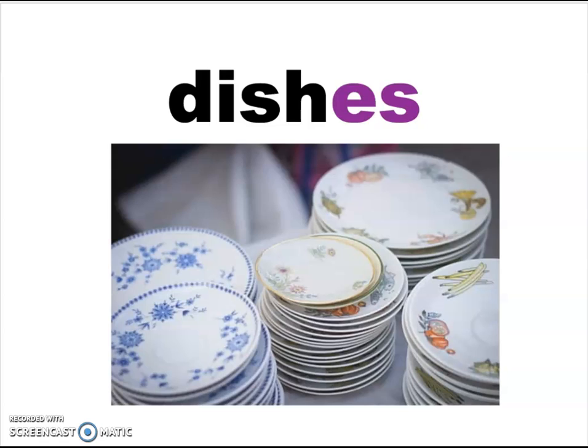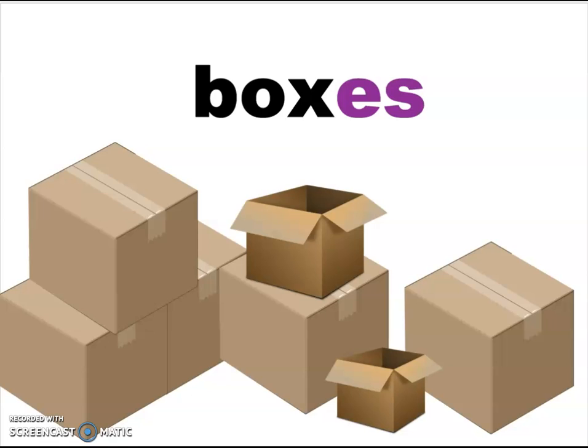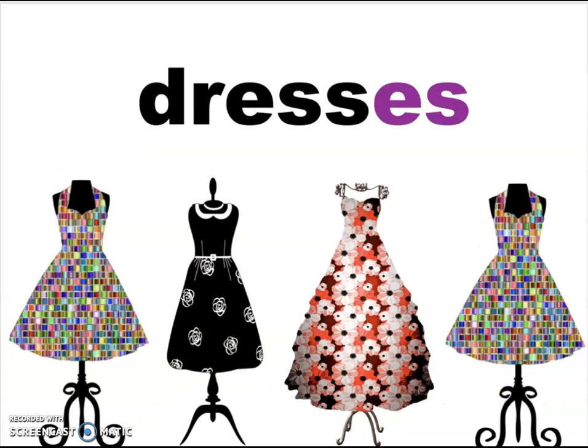Because it ends with an sh, we add an es at the end. The noun box ends with an x. To make it plural, we need to add an es, boxes. The noun dress ends with the letter s. To make it plural, we must add an es to make dresses.